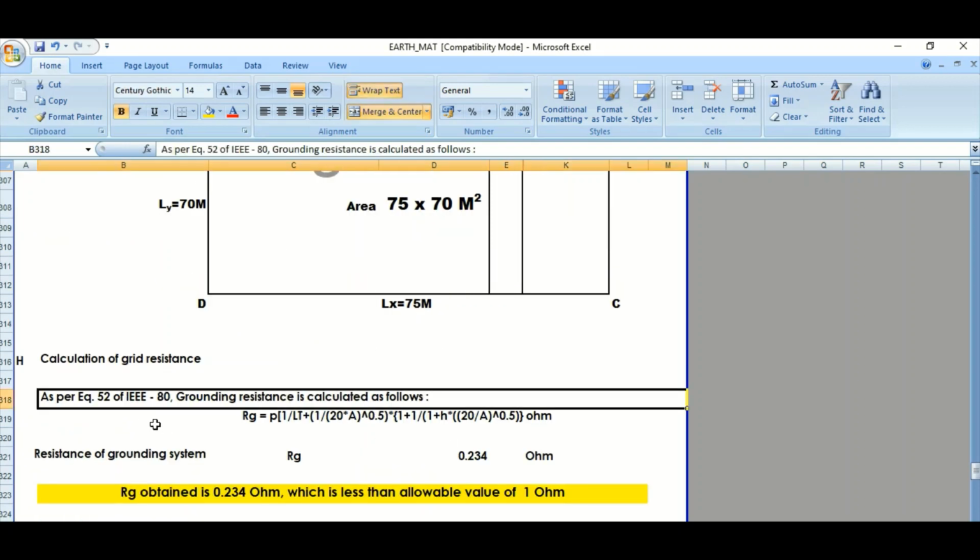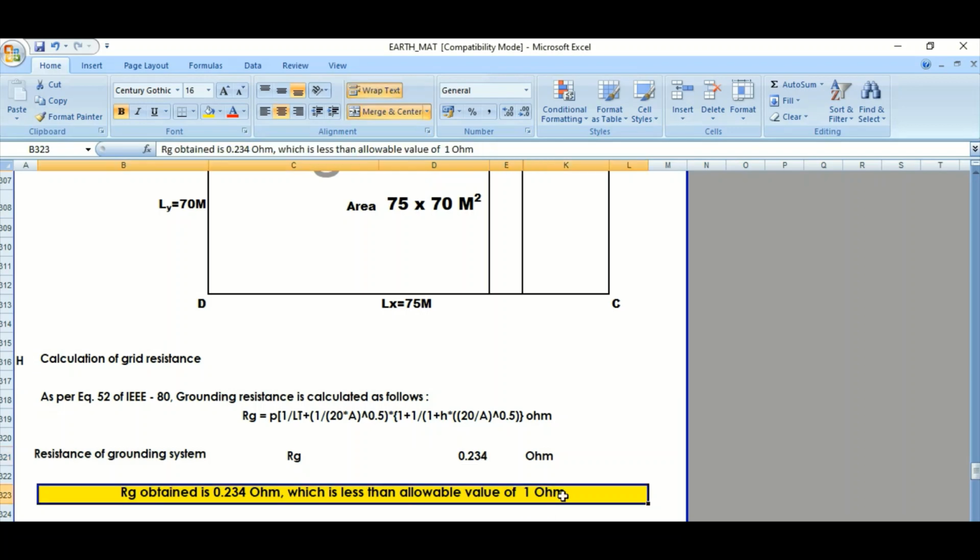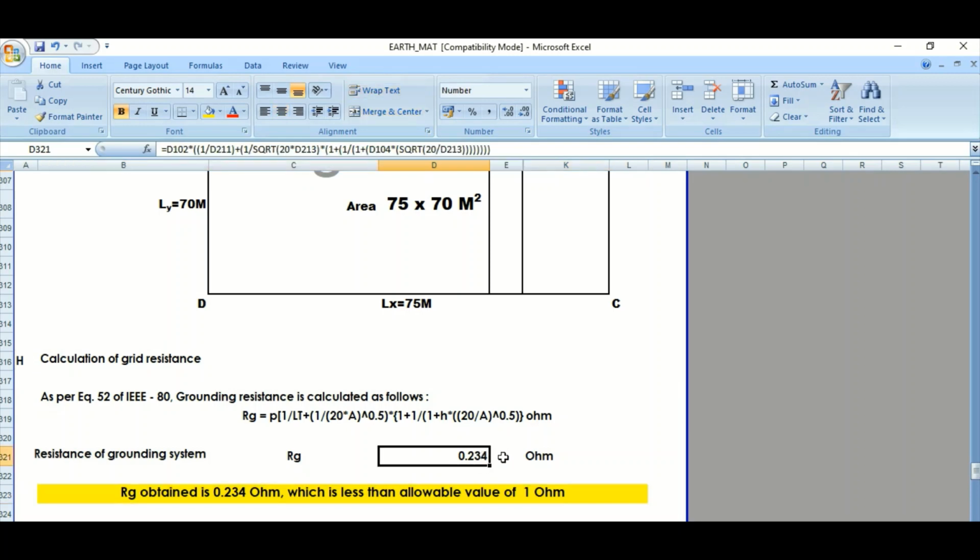As per equation number 52 of IEEE, the Rg, or ground grid resistance, is calculated by this, which comes to 0.234 ohm, well below the allowable value of 1 ohm. Hence the design is okay. So this design is verified and validated.